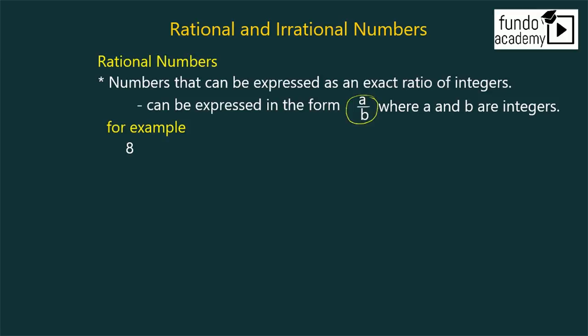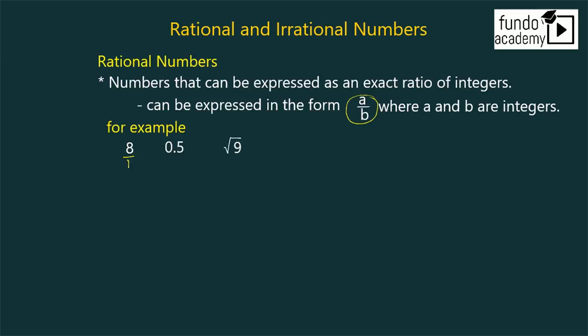So 8 is actually 8 over 1, and 8 and 1 are integers, so that makes 8 a rational number. Another example of a rational number is 0.5. You know that 0.5 is a half, is 1 over 2, so it's also a rational number. So decimals like that are rational numbers.